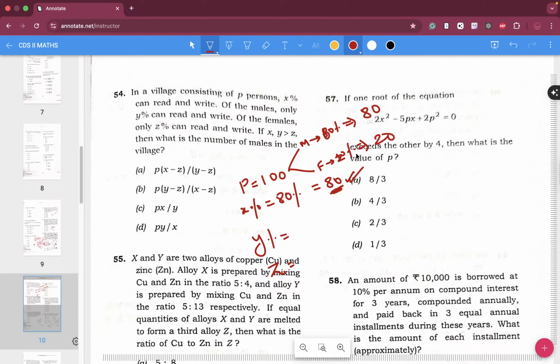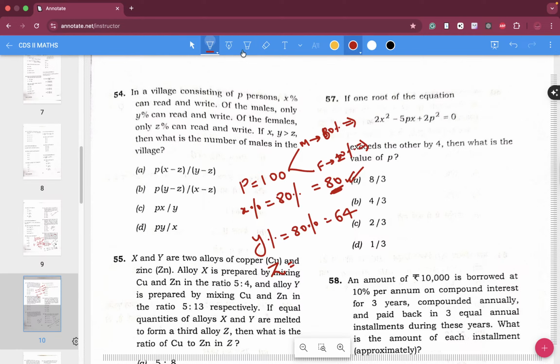Now if 80% of the males are literate, that means 64 people are literate. Now we need 16 more. So 16 will be how much? 80% of this particular number? No, we can't do that. So we will have to take some different number over here.